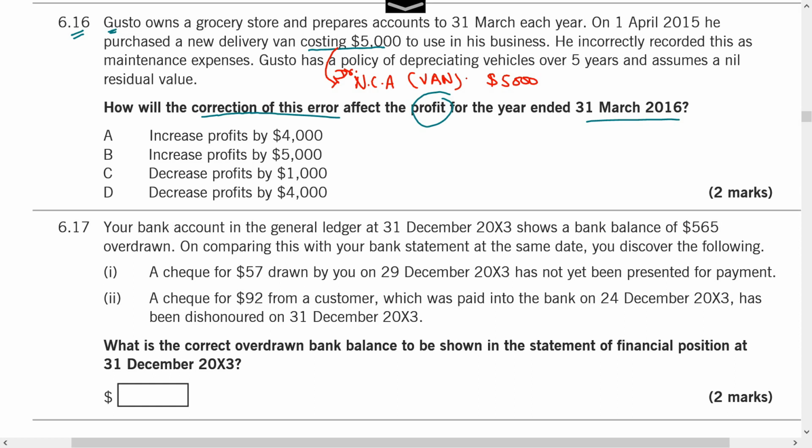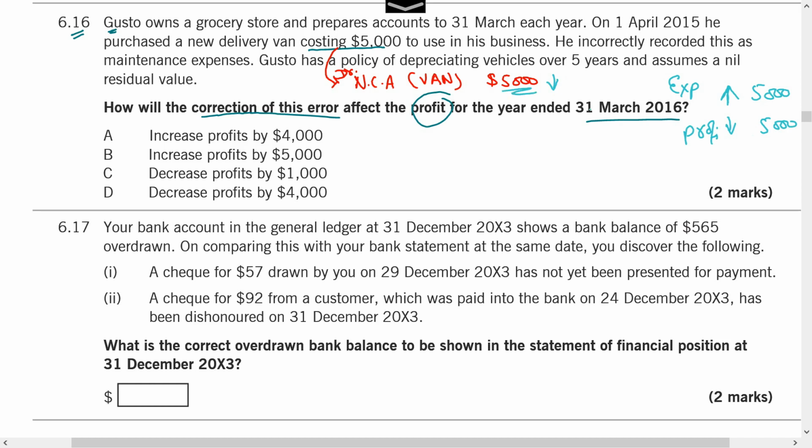And on the credit side, he should credit either cash or accounts payable. But he incorrectly recorded this as maintenance expense. It means our expenses are increasing by $5,000. In other words, our profits are decreasing by $5,000, and at the same time, our non-current assets are also decreasing by $5,000 as a result of this mistake.